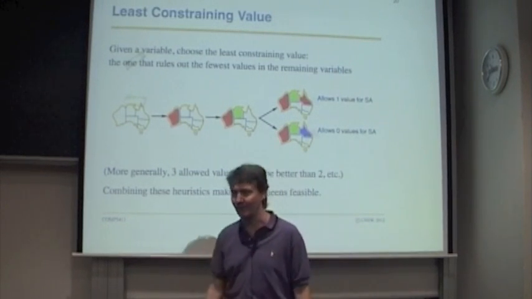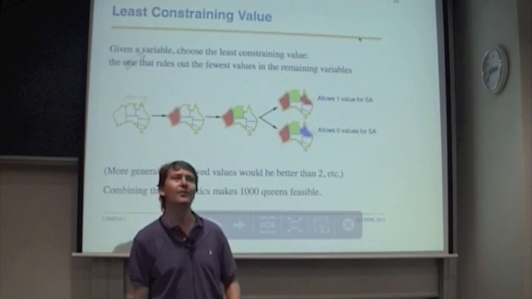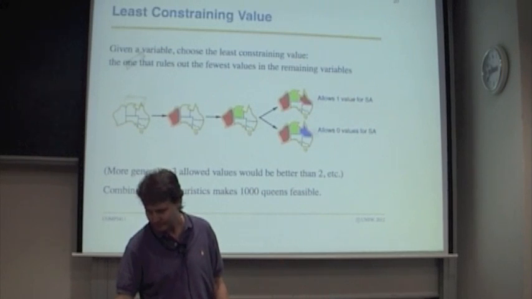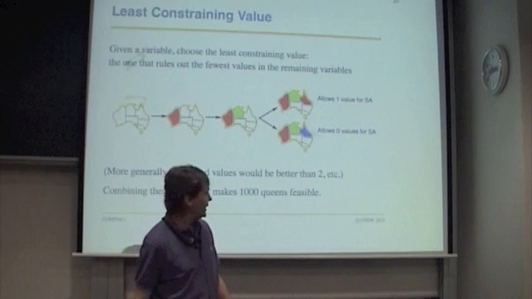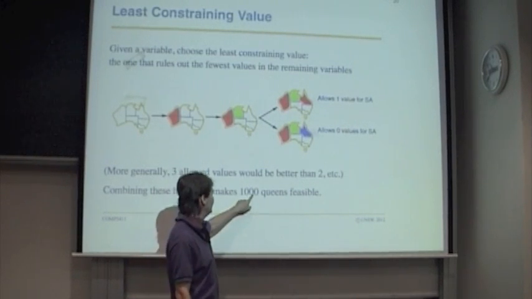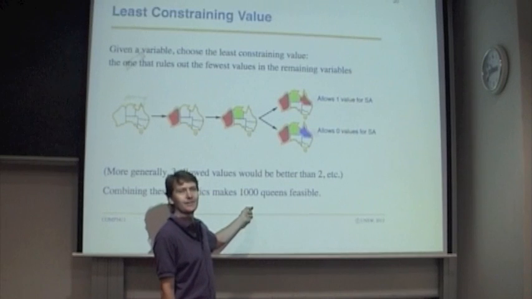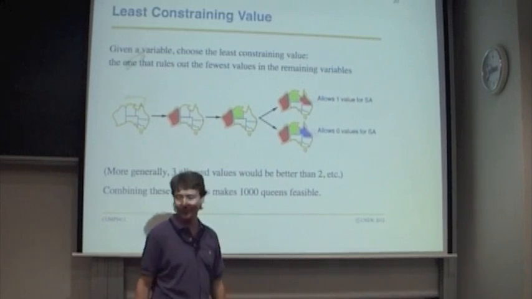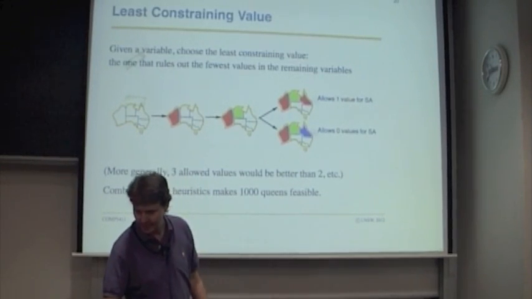So you always pick the one that leaves open the largest number of options for the remaining variables. By combining some of these heuristics, instead of 25 queens, we can solve up to 1,000 queens in a reasonable time.